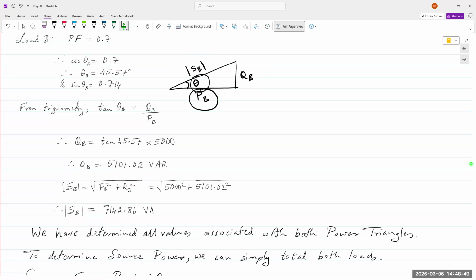So, trigonometric identities. I have one side of the right angle triangle. I have the power angle. I can find QB by determining the tangent of the power angle. So tan theta is going to be Q over P. You can find Q as 5101.02 VAR.